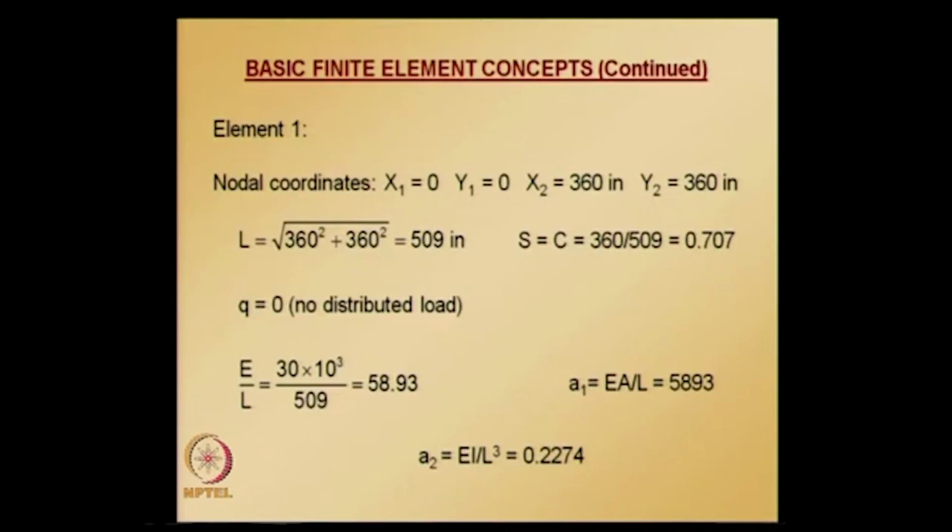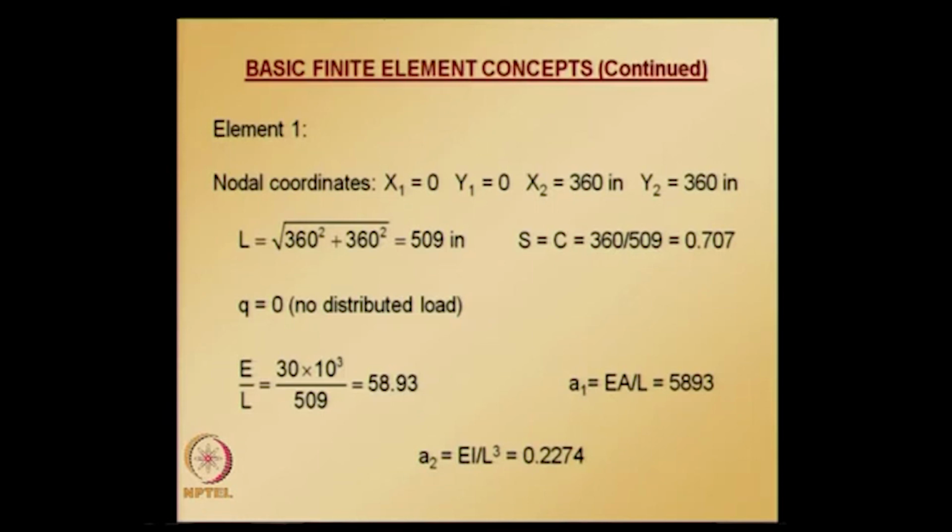Once these numerical values are known, we can find the local stiffness matrix, and using direction cosines we can find the transformation matrix, and using the load value that is given, which is 0, the local load vector is going to be 0 anyway.